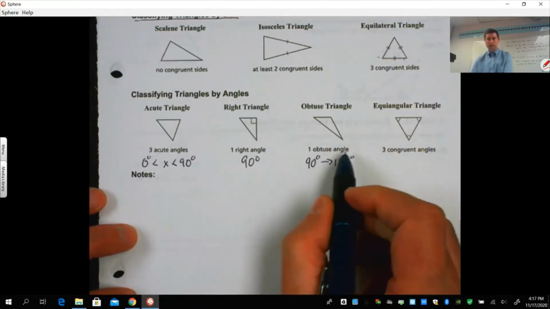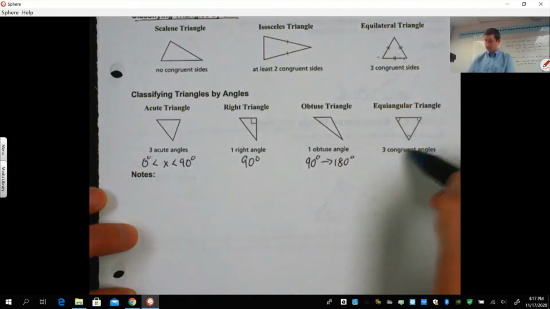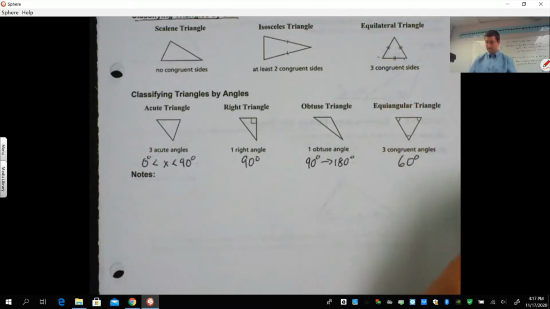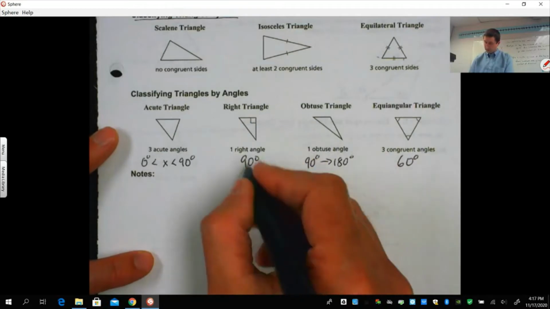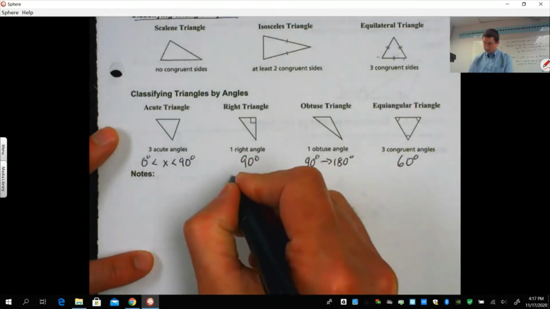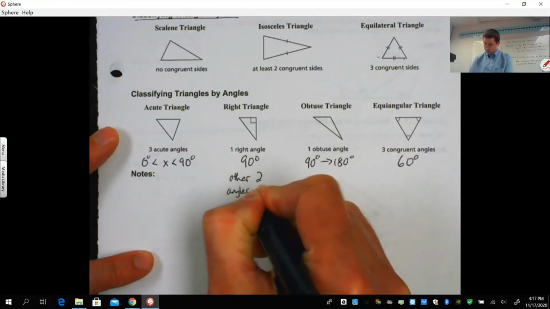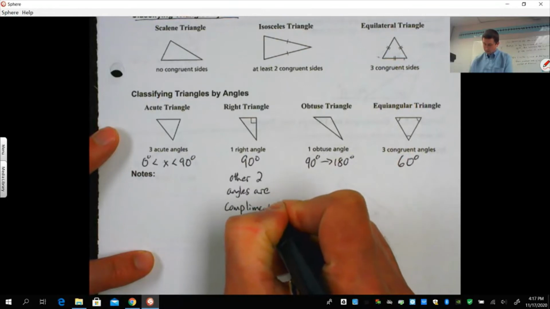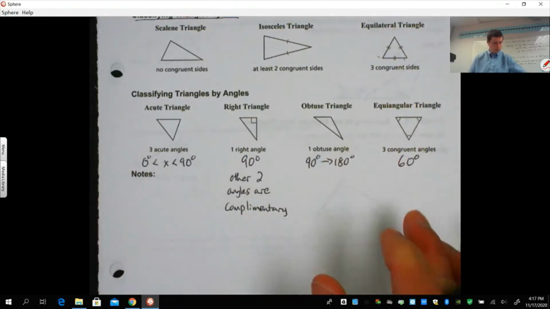And equiangular, that's 3 congruent angles, those are all each going to be 60 degrees. The other thing with the right triangle is one angle is 90 degrees. And remember, the other 2 angles are complementary.